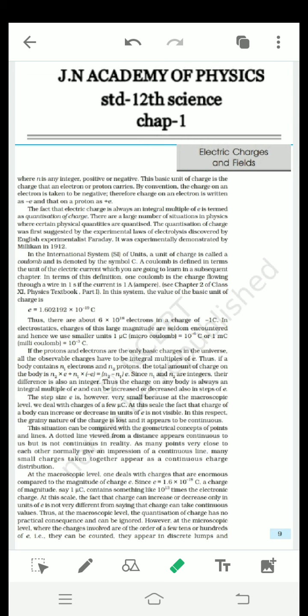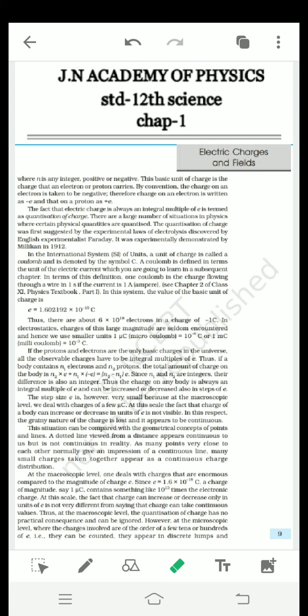At the macroscopic level, charge values are of the order of a few microcoulombs. At this level, a decrease or increase in units of e is not visible. This situation can be compared with the geometrical concept of points and lines. The grainy nature of charge is lost and it appears to be continuous.